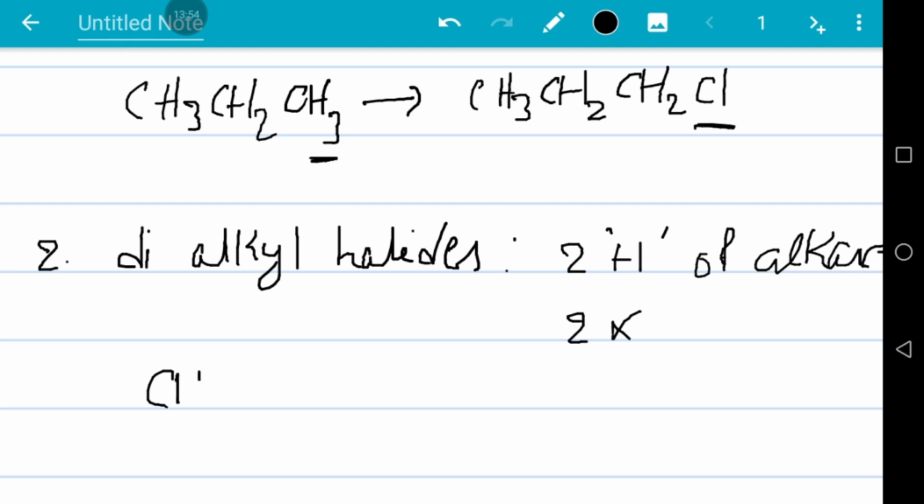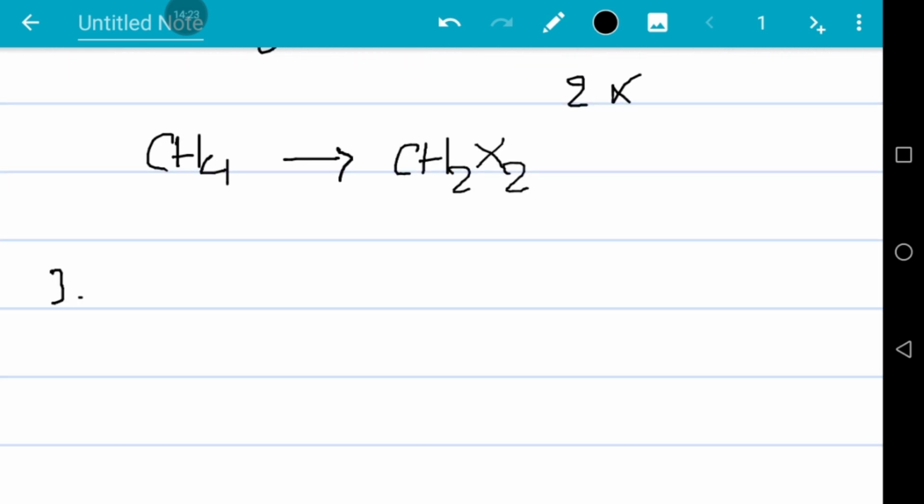For example, CH4: two hydrogens replaced means the remaining two hydrogens, CH2, and the two replaced hydrogens are replaced by two halogens, so CH2X2. So this is the dialkyl halide. Dialkyl halide means two hydrogens of an alkane are replaced by two halogens. Third one is the trialkyl halide.